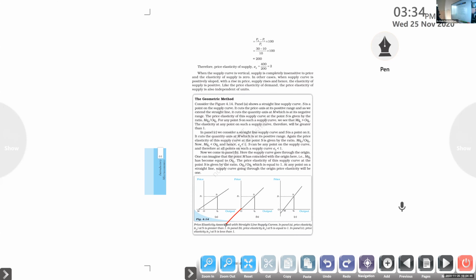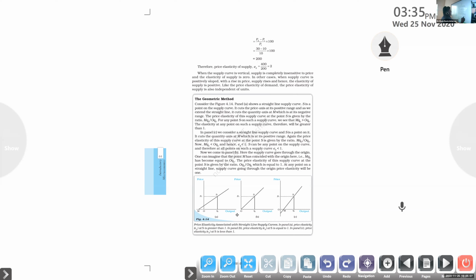One can imagine that the point M has coincided with the origin, that is, MQ0 has become equal to OQ0. There is no separate M here because it is starting from the origin.